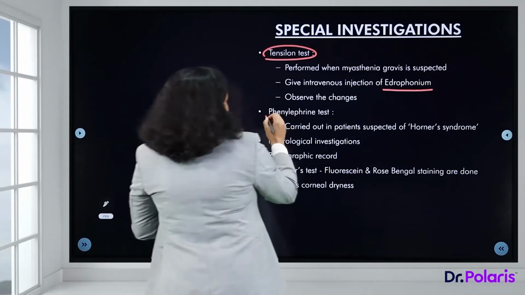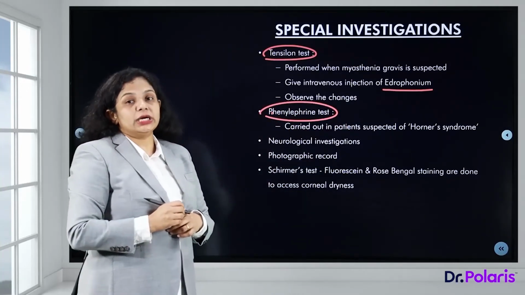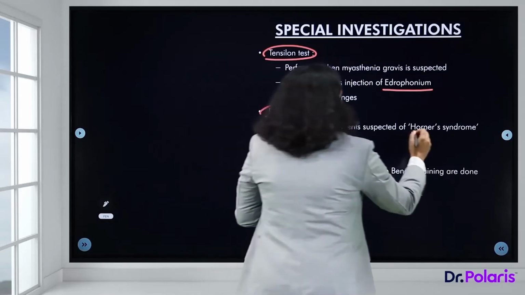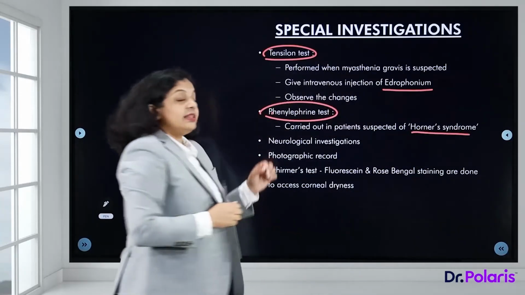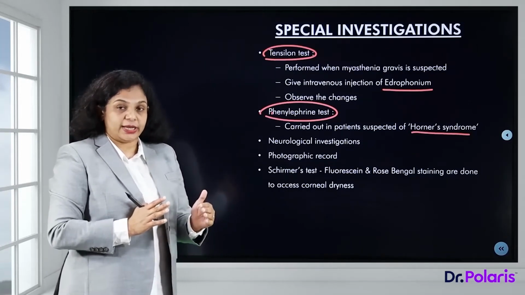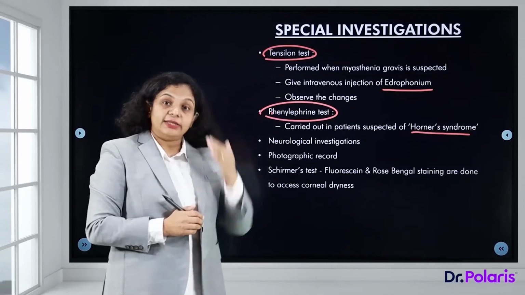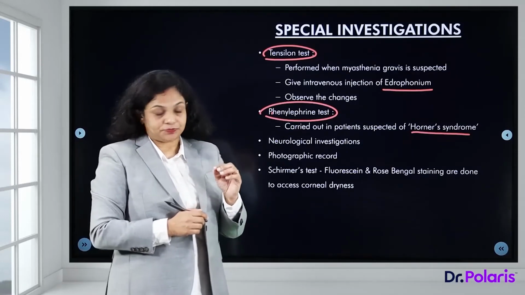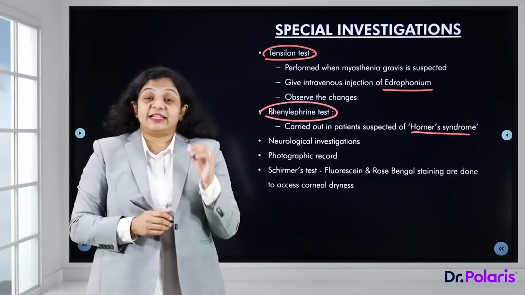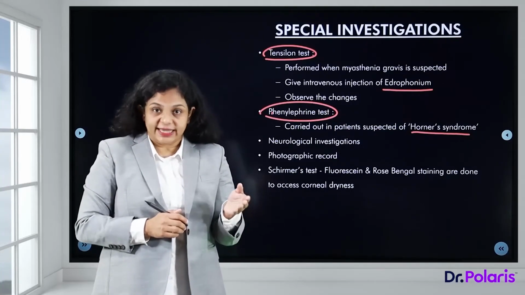The phenylephrine test is done when we suspect Horner's syndrome. A full neurological investigation of the patient has to be done because we want to assess the effect on other cranial nerves, and what the extraocular muscle movements are, if any other involvement is there.